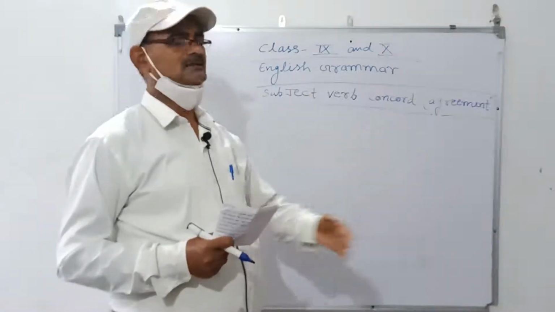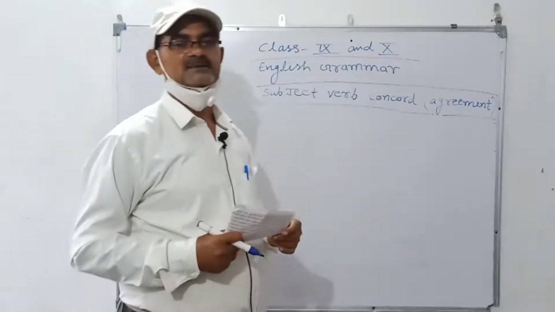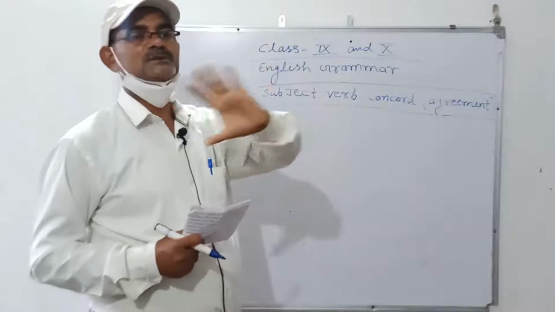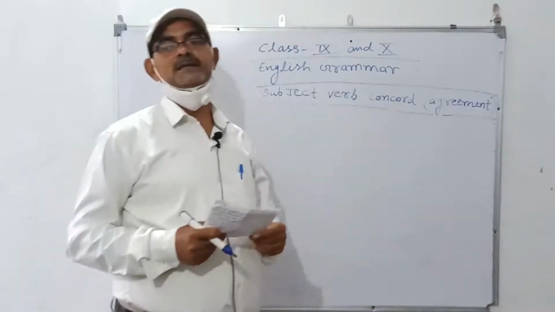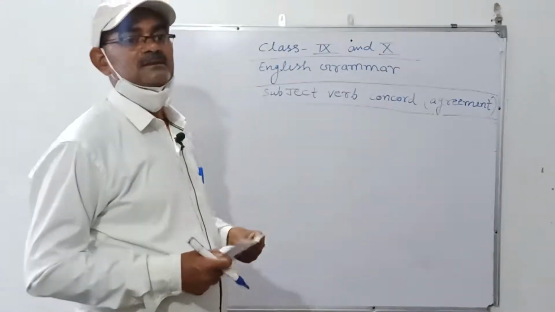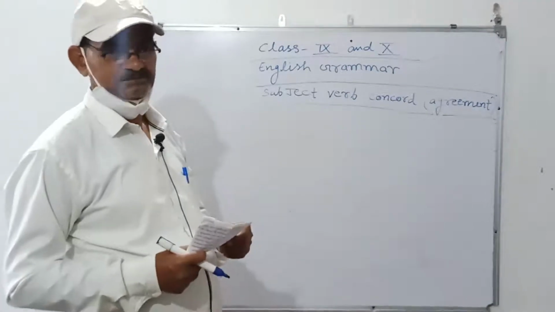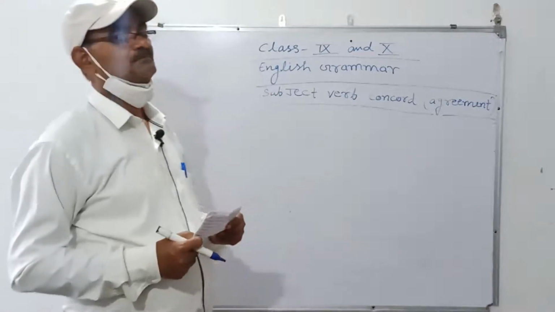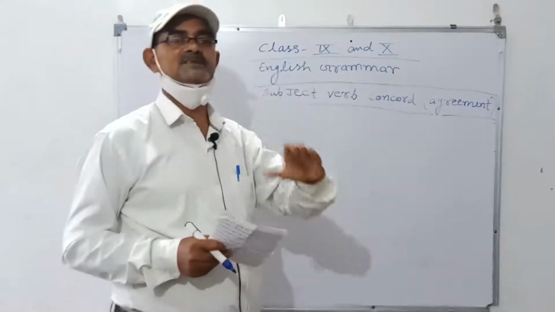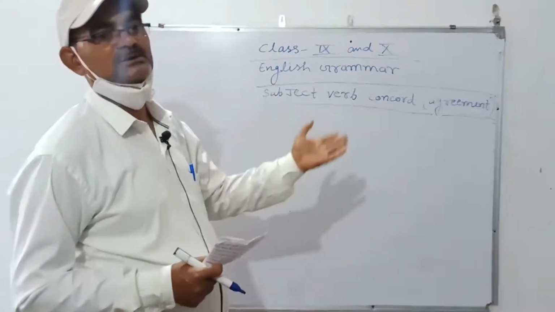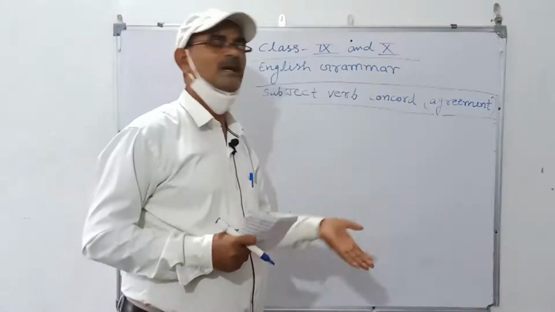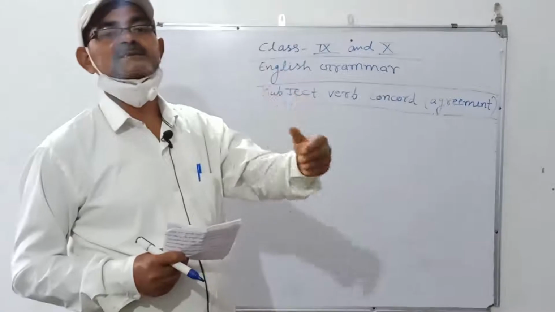कौन सी क्रिया किस सब्जेक्ट के साथ, क्रिया का कौन सा रूप किस सब्जेक्ट के साथ एग्री होगी, इसमें V1, V2, V3 का कोई झंझट नहीं है. इसमें आपको सिंपली ये देखना है कि either the subject is singular or plural, what is the person of the subject, and with which subject the verb should agree. If there is more than one subject, according to which of those subjects the verb will agree. अगर कई सब्जेक्ट एक साथ किसी सेंटेंस में होते हैं तो उनमें हमें ये समझना पड़ता है कि किस सब्जेक्ट के साथ वर्ब का एग्रीमेंट होगा.